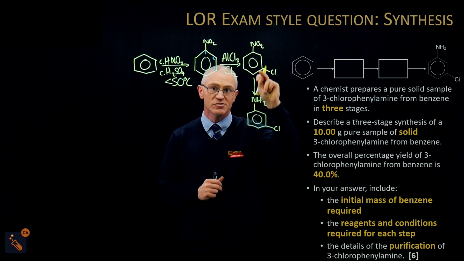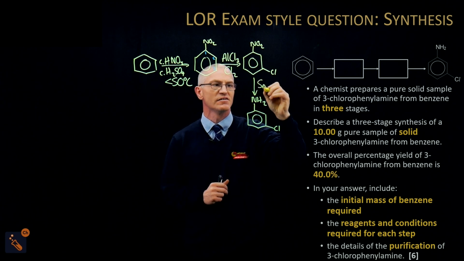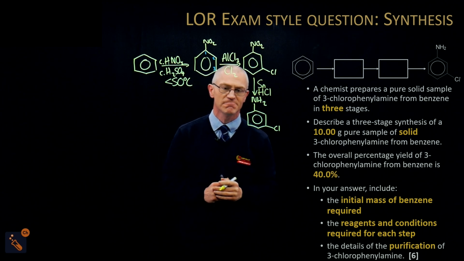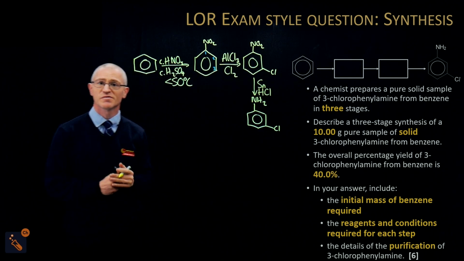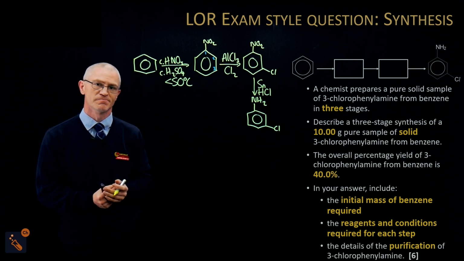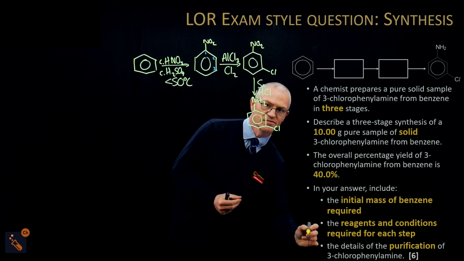And how did I get from the NO2 to the NH2? Hopefully you remember this is tin and HCl. Okay, so we've done our synthesis. So we've got level 1, for example, of our level of response question. So we've done this one down here.